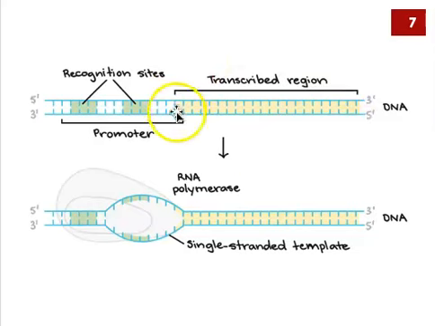It has a protein coding region that will be transcribed. It has a regulatory region that includes the promoter. And we talked about how the RNA polymerase enzyme will bind to the promoter so that it can begin transcription right at the beginning of the protein coding region.